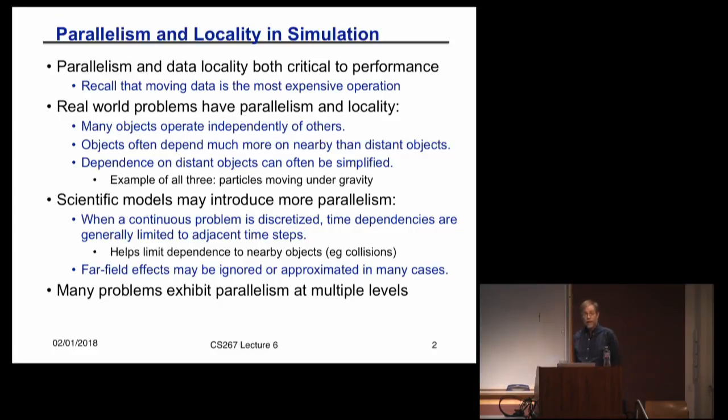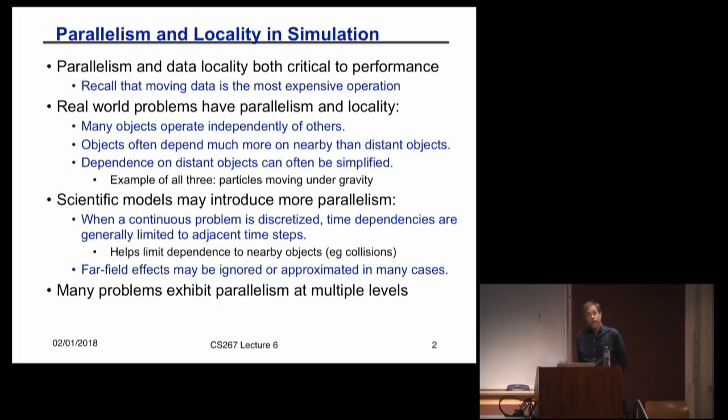So the other thing is that when you make a model of a very complicated system, in order to actually have a reasonable program to simulate it, that can introduce even more parallelism. And so when you take a continuous problem, things moving continuously over time, you have to discretize it. You're only going to know where, let's say, the billiard balls are at time t equals 1, t equals 2, t equals 3.